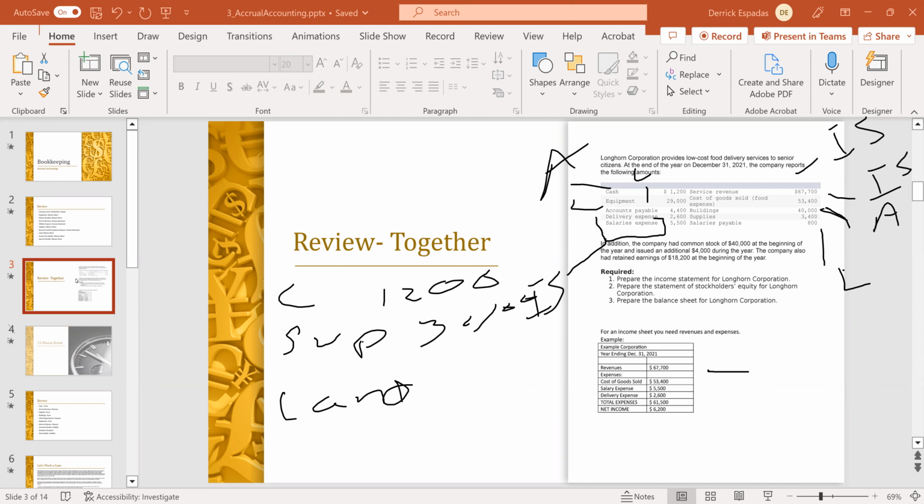So we're going to go ahead. Buildings is a big ticket item. I think we have 40,000 there, right? All right, 40,000. We're going to add these up pretty quickly because remember, assets equals liabilities plus owner's equity.